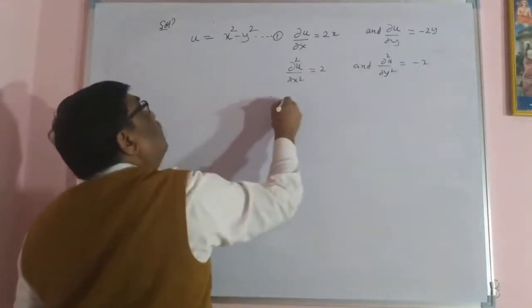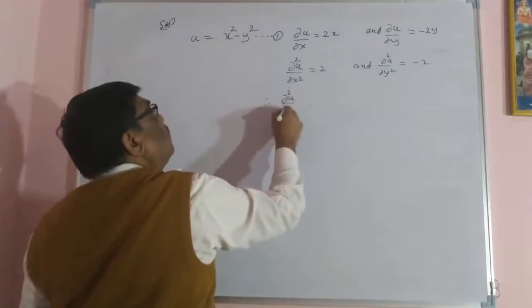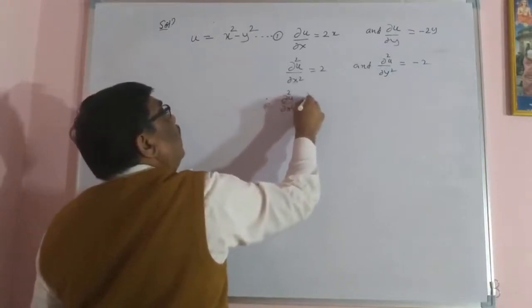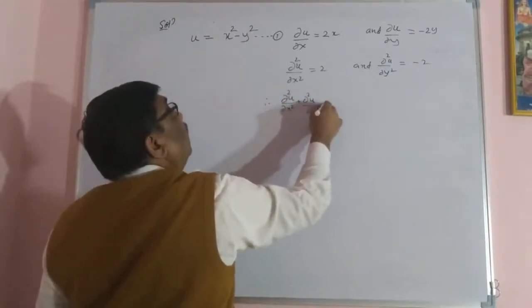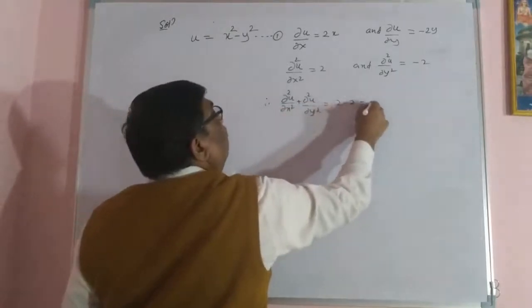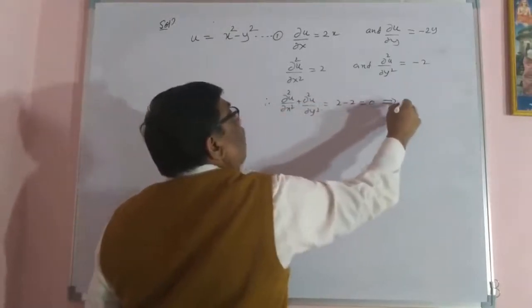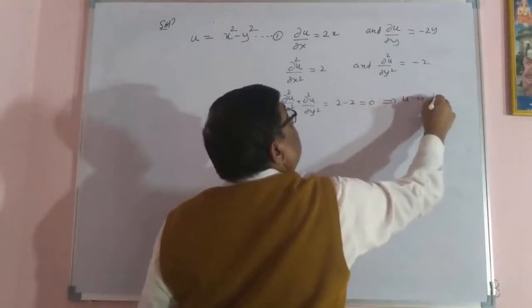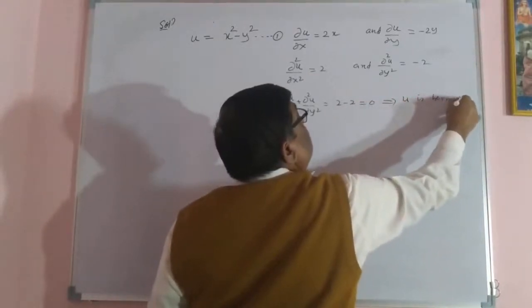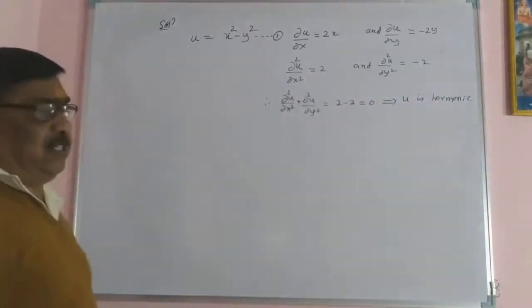By the Laplace equation, ∂²u/∂x² plus ∂²u/∂y² equals 2 minus 2, which is 0. This implies u is harmonic. Yes, one part is over. It is the harmonic function.